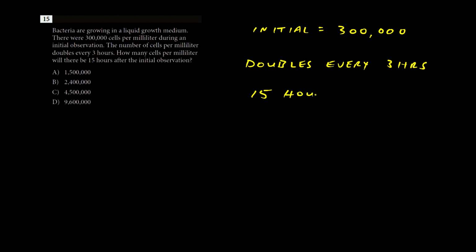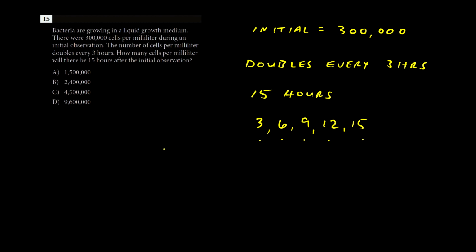Now we could set up an equation here, or we can just kind of think our way through it. After 3 hours, it's going to double once, and then at 6 hours, at 9 hours, 12 hours, and again at 15. So that means 1, 2, 3, 4, 5 times it's going to double.